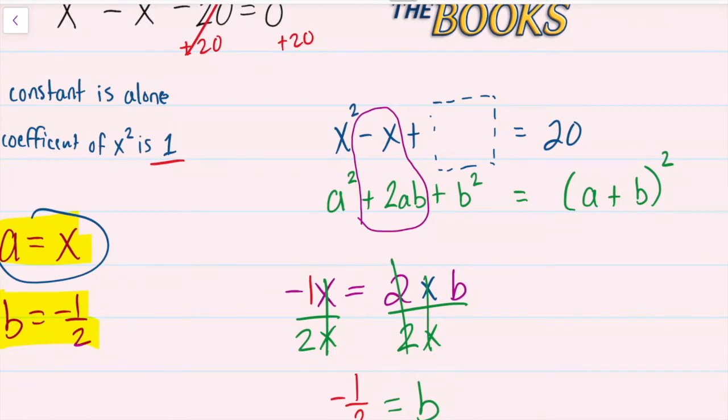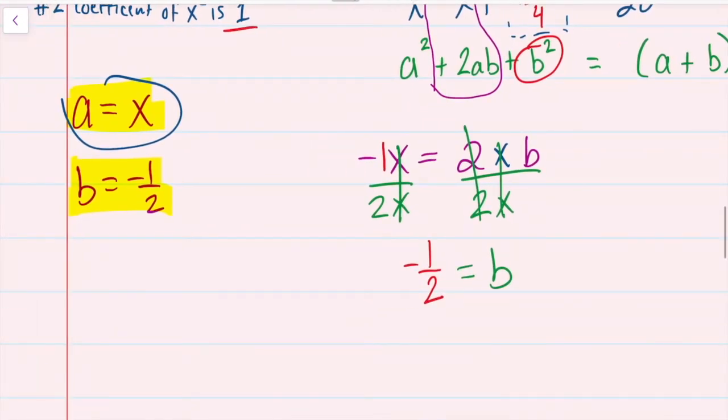If we were to put this here, guys, look, that's b squared. So remember, b is negative 1/2. If we were to square it, what number is going to go there, guys? Negative 1/2 times negative 1/2 is actually positive 1/4. So let's rewrite this one more time, guys.